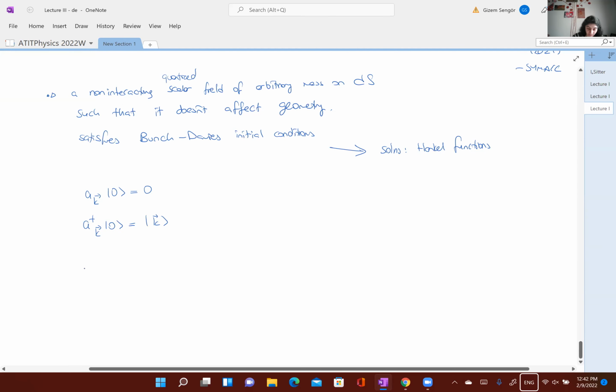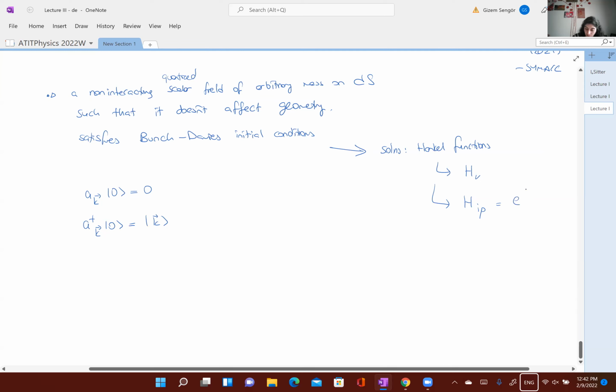So the solution for this field comes in terms of Hankel functions, but there are two types of Hankel functions. There are those with a real index, and then those with a purely imaginary index.